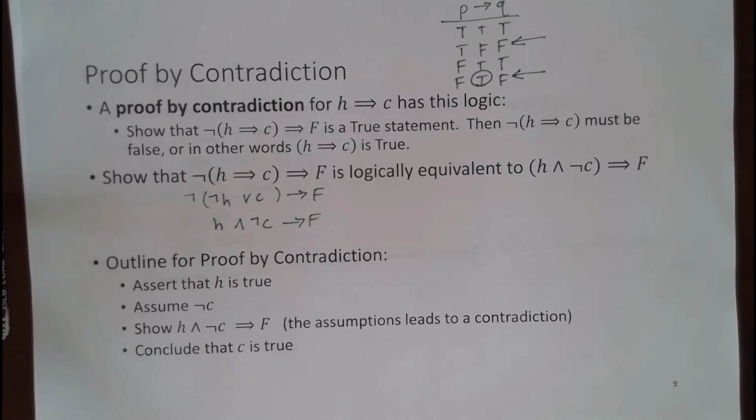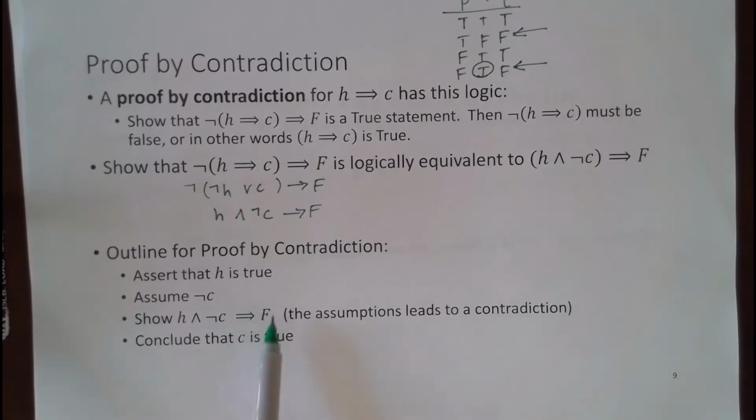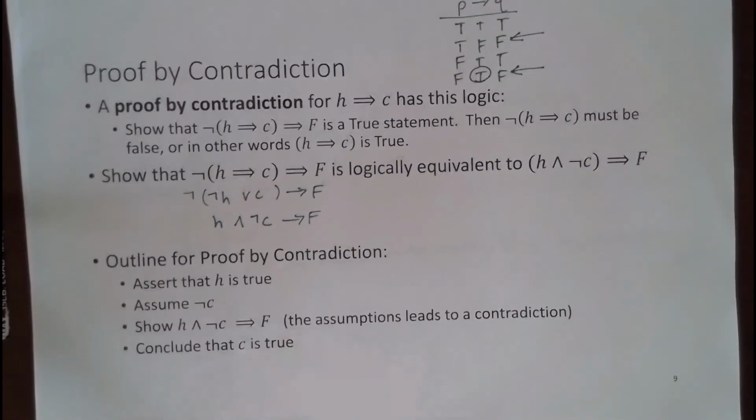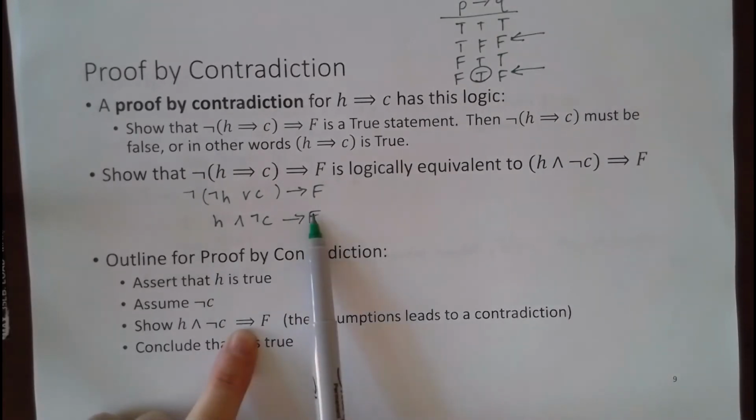Because the contradiction law tells me that a lot of times where we're going to see a contradiction is where I see this thing is true, and then I prove that this thing is not true. Something can't be true and not true. That's a contradiction. So we just have to show that we get some kind of contradiction. That contradiction is a false value.